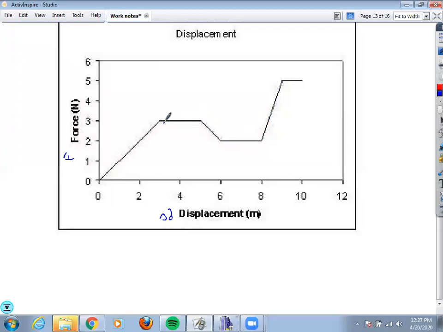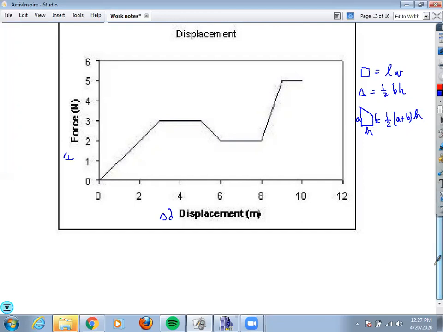Okay, so again, we're talking about area of shapes. So if we've got a square, that's going to be length times width. If we're going to have a triangle, 1/2 base times height. And if we're going to have a trapezoid, that's going to be 1/2 (A plus B) times the height of the trapezoid, where this would be H, A and B would be the two parallel sides.